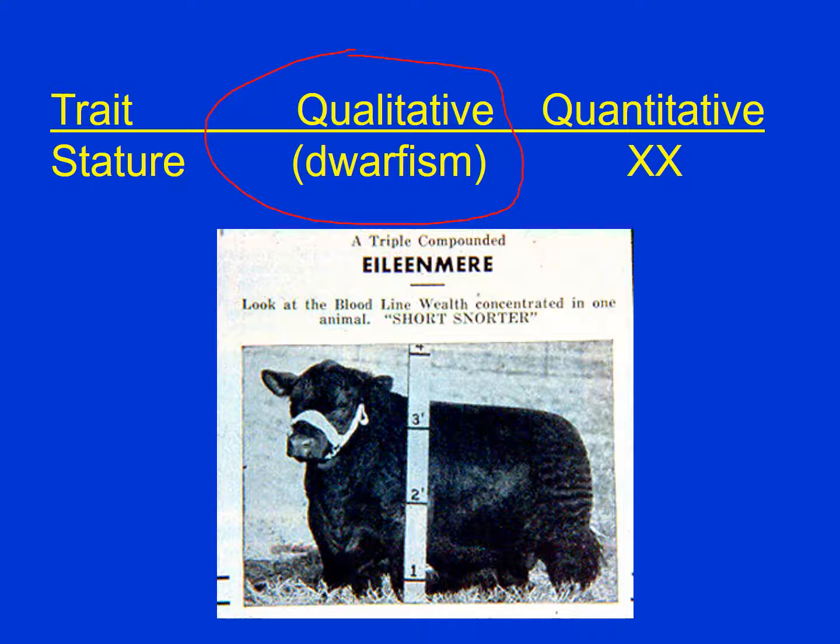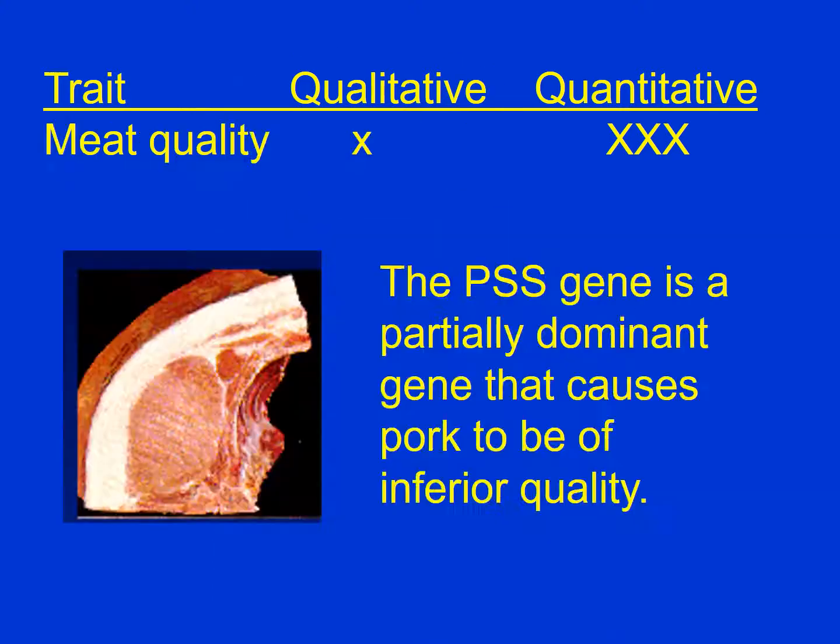And the reason he's only 3 feet tall wasn't because of the environment, it was because of the one single dwarf gene at that particular locus. So we can put animals into two categories. They're normal in size or they're dwarfs. So that would make that particular trait qualitative.